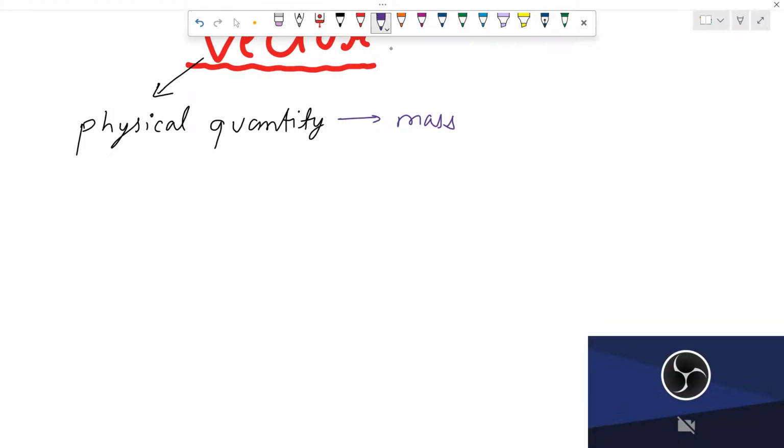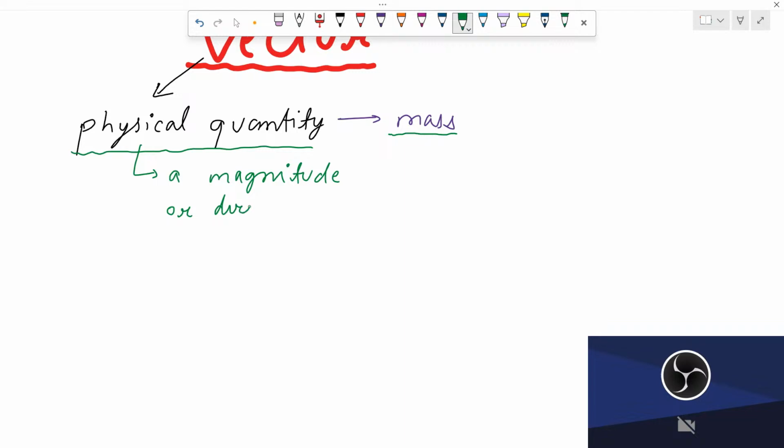Any physical quantity will have a magnitude or a direction, or both. Or we can write it more clearly: either a magnitude or a direction.